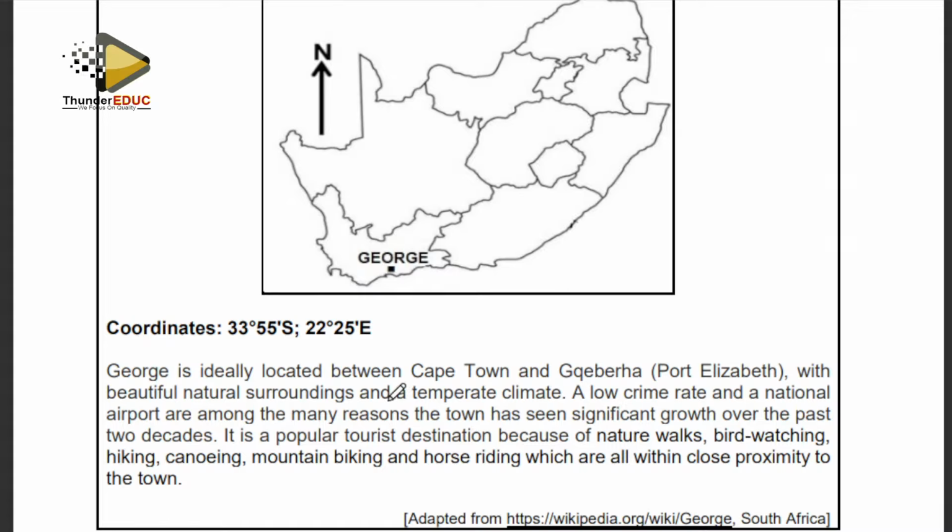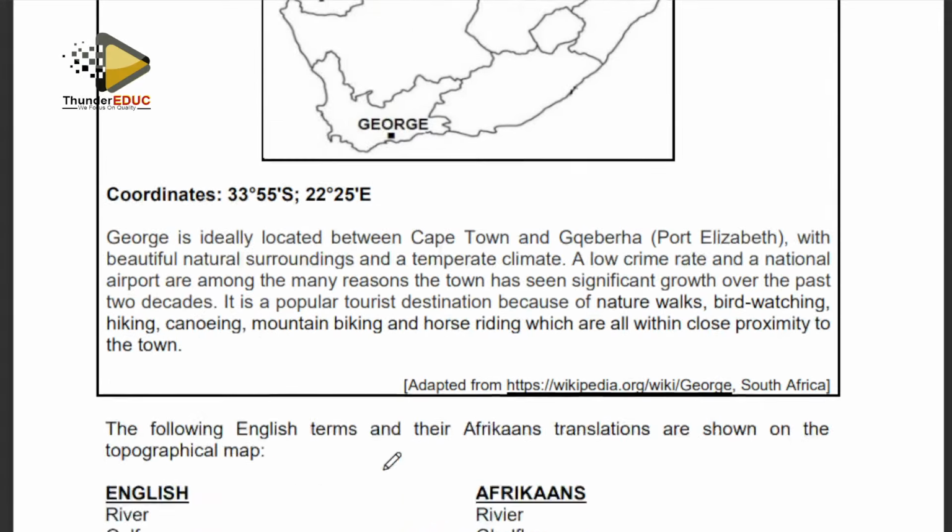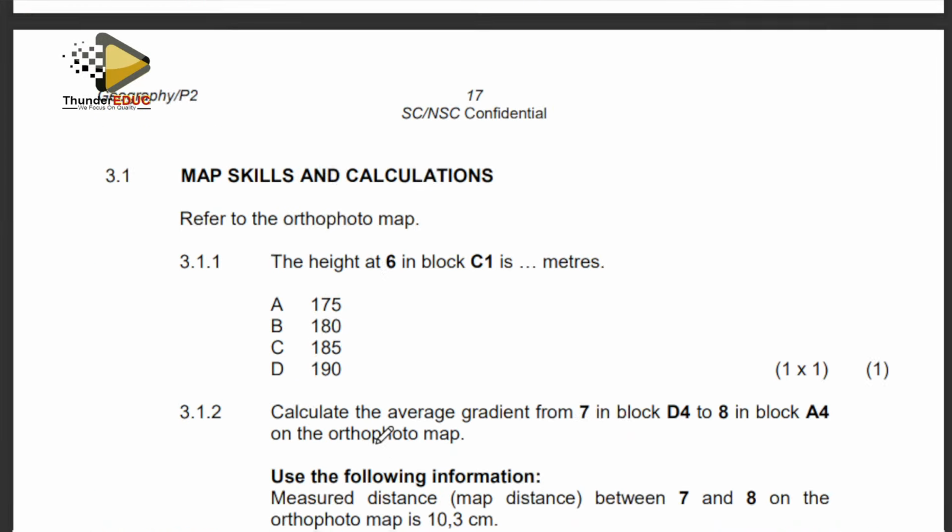It is a popular tourist destination because of the nature walks, bird watching, hiking, canoeing, mountain biking, and horse riding, which are all within close proximity to the town. That is the information that is given to us.